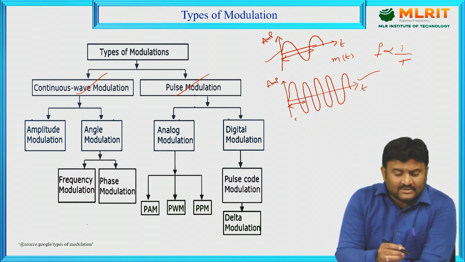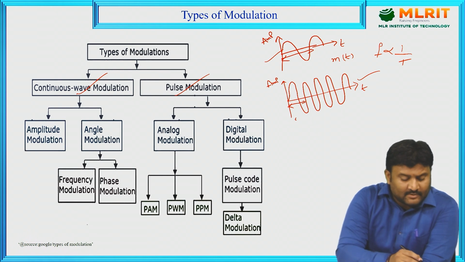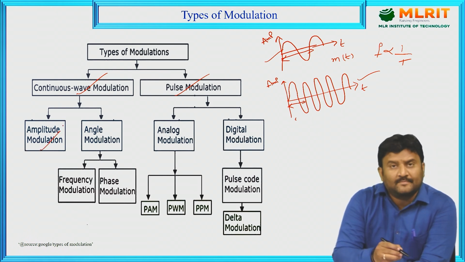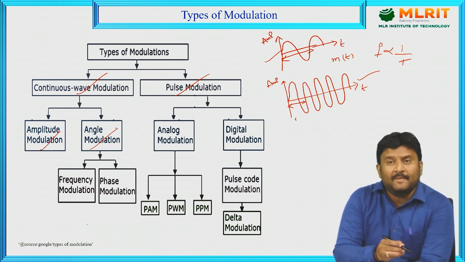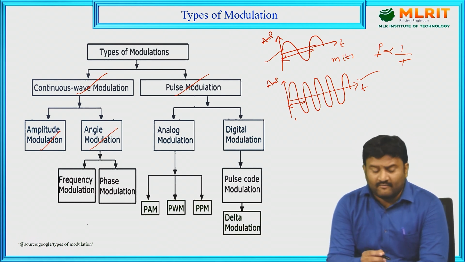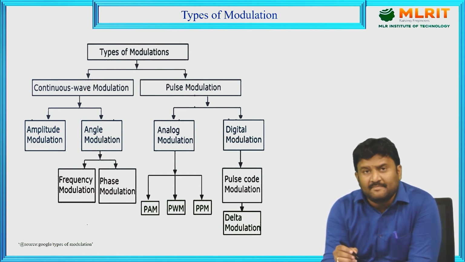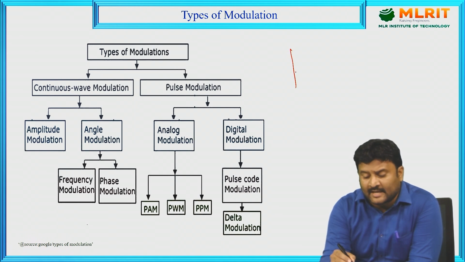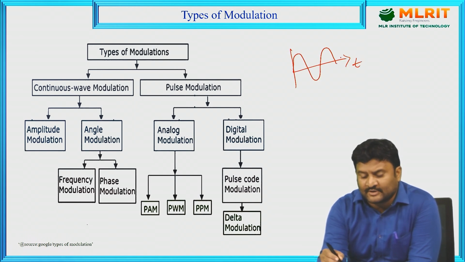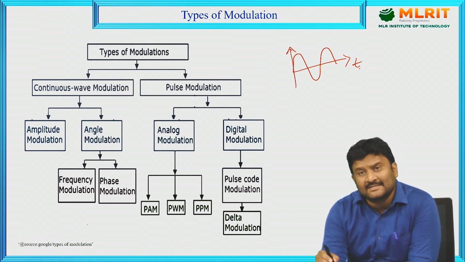We know continuous wave modulation means the wave continuously varies with respect to time. If it does not vary continuously, that is called digital or pulse modulation techniques. In the first lesson we discuss amplitude modulation and angle modulation. Remember, when you learn the wave characteristics, a wave has three characteristics. For example, I am taking a sinusoidal wave. In the x-axis it is the time period.